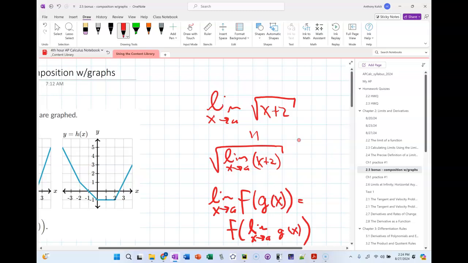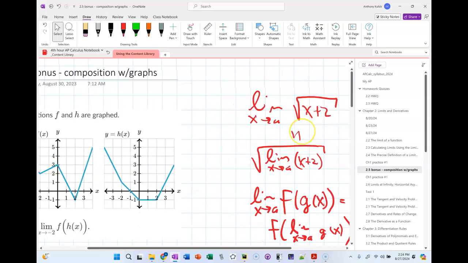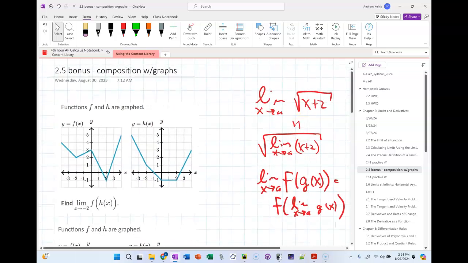We can do that, right? Now, if we have enough continuity, that's going to work. Where this can run into problems is if you define your functions graphically, where continuity is not going to be a given, specifically at that point a. So let's look at what we're going to do here.